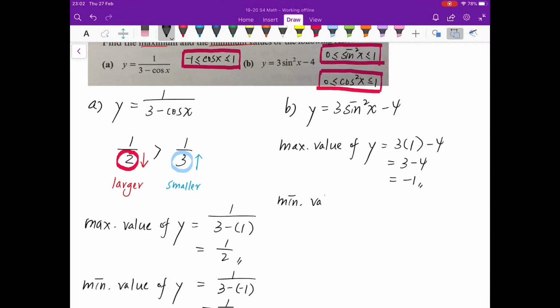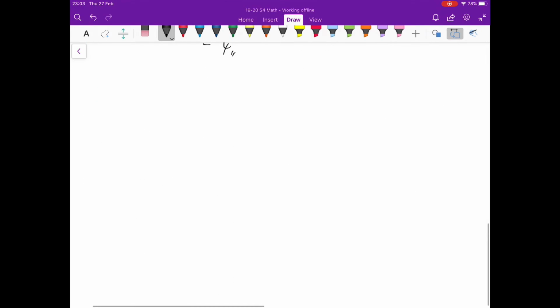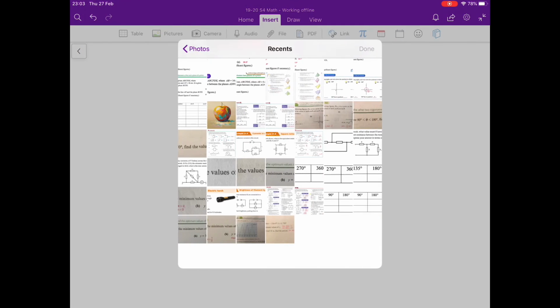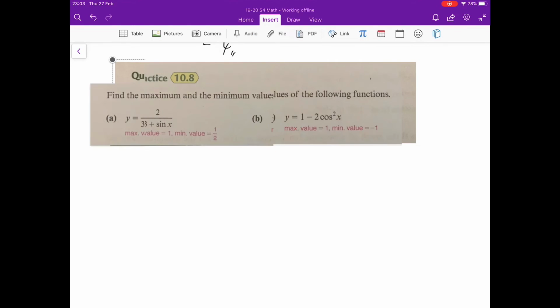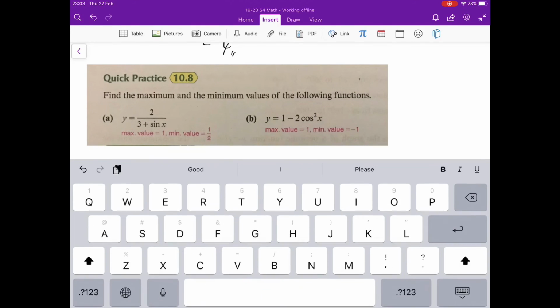As for the minimum value of y, this time we cannot put -1 because for sine square x, the minimum value is 0. And therefore, it should become 0 minus 4, and it will become -4. Okay, so to check your understanding, please help me to finish the quick practice, and check the answer for yourself.